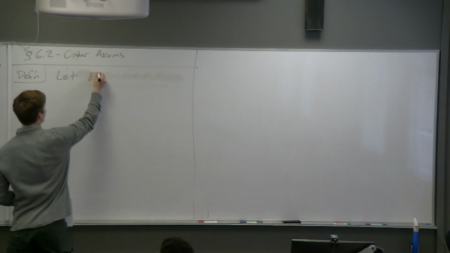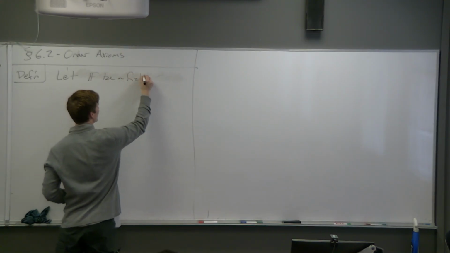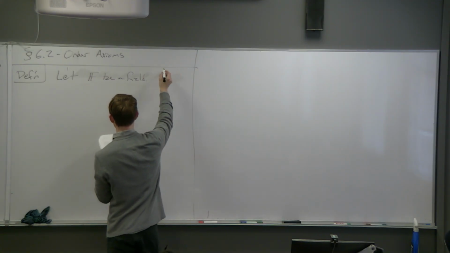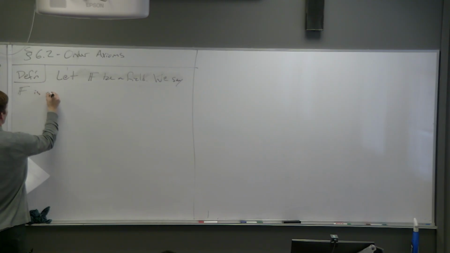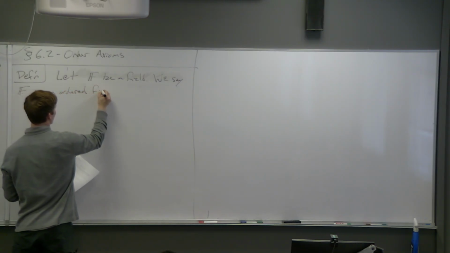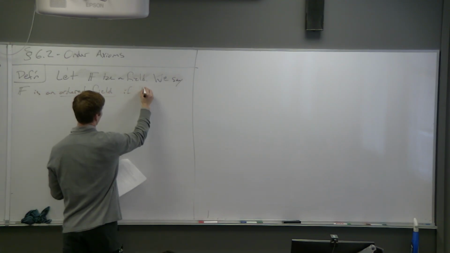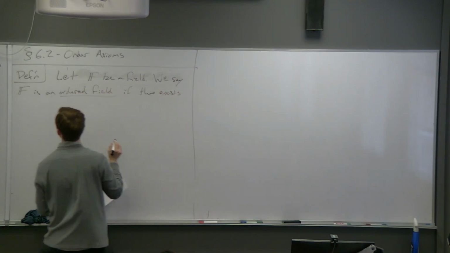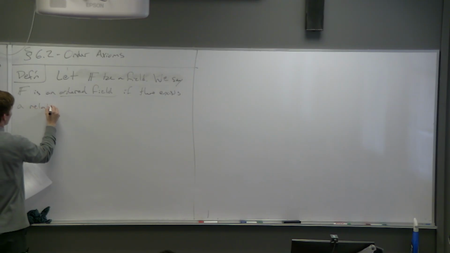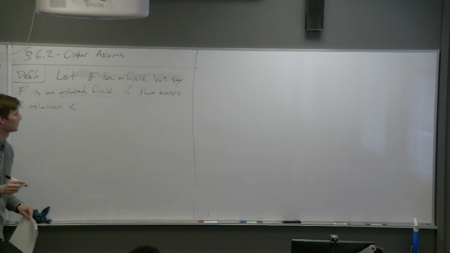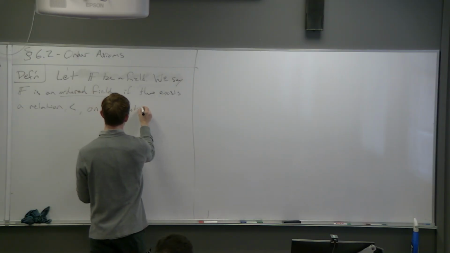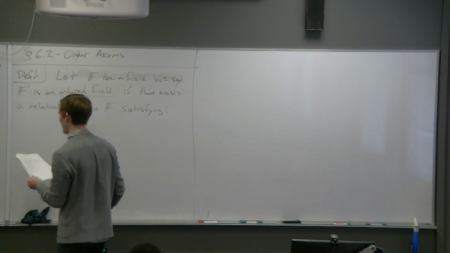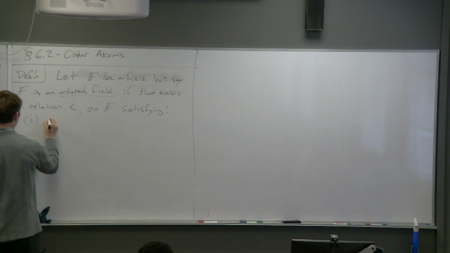Let's say let F be a field. We say F is an ordered field if there exists a relation, we'll write it as less than, on F satisfying the following. 1, I'll even write what these are all called as well.